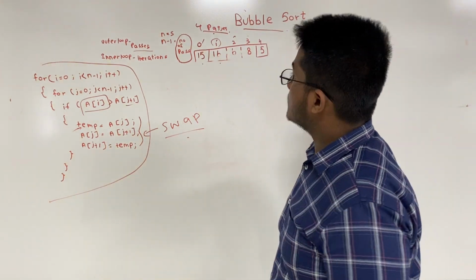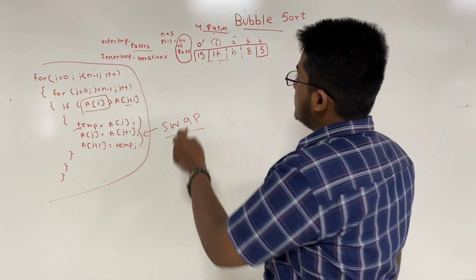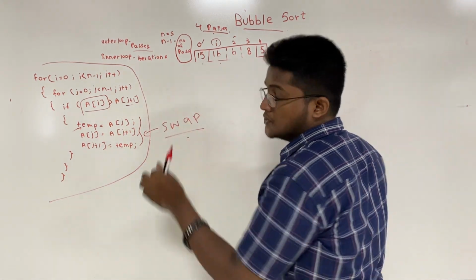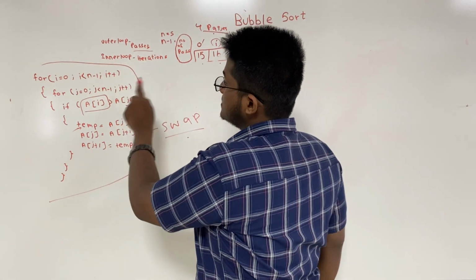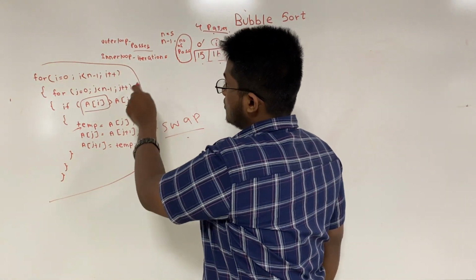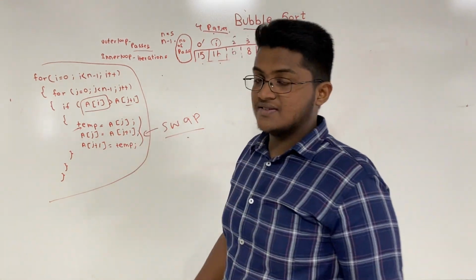The basic thing here is there are 2 loops, outer loop and inner loop. Outer loop is for passes, that means the number of passes, pass 1, 2, 3, 4, and the inner loop is for iterations, right?